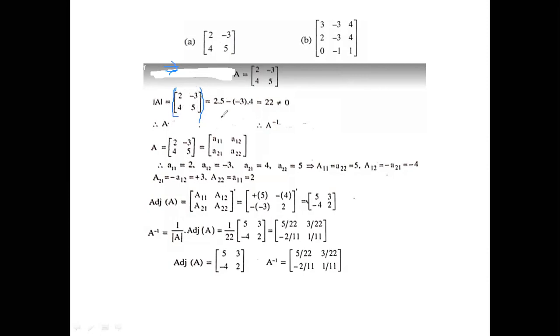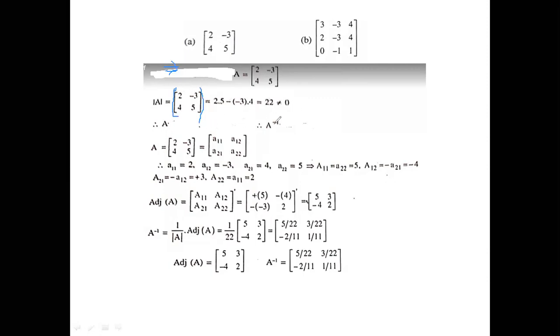So 5 multiplied with 2 is 10, and minus 3 multiplied with 4 is 12, and there is a minus, so plus, so as a result 22. Determinant of A is 22. It is not equal to 0. So A inverse exists.